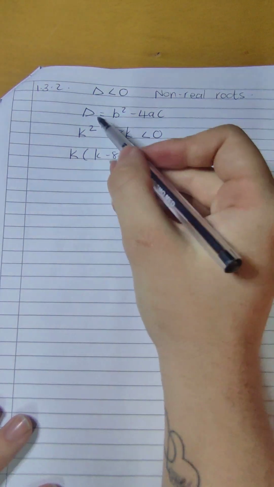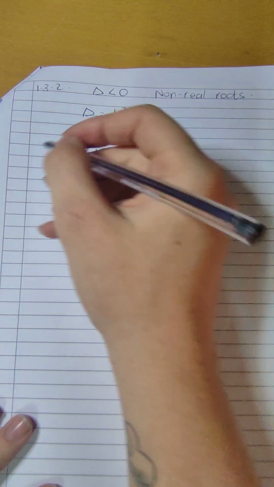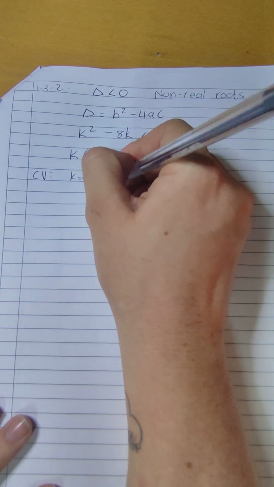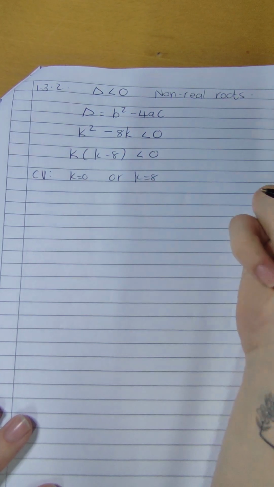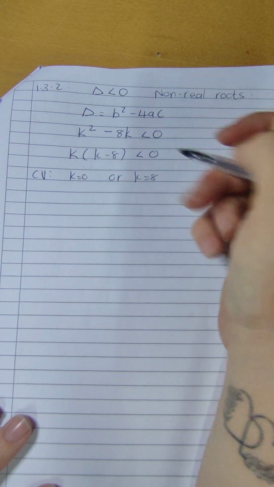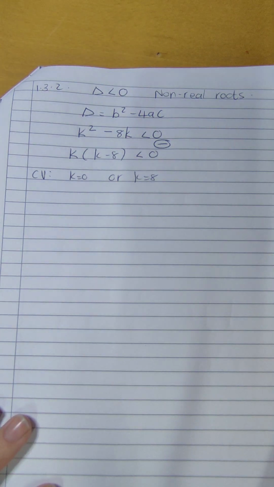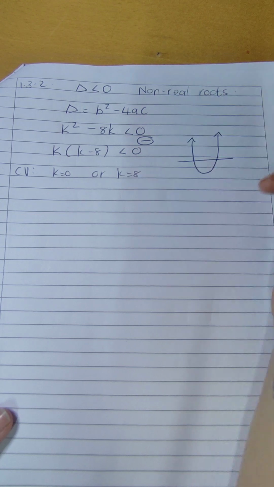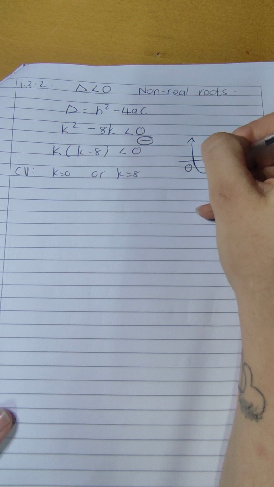Okay, now remember this k squared is actually representing a parabola once again. So my critical values are at k equal to 0 or k equal to 8. What does less than 0 mean? When do I have values less than 0? I have values less than 0 when they are negative. So if I'm going to look at my parabola now, my critical values are at 0 and 8.